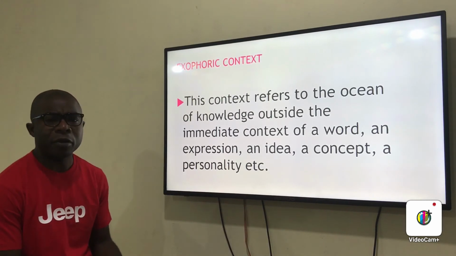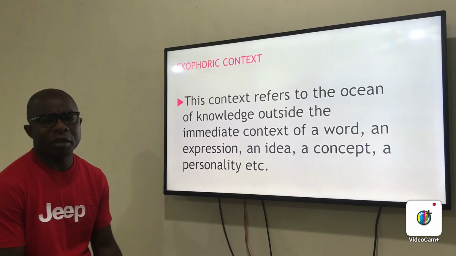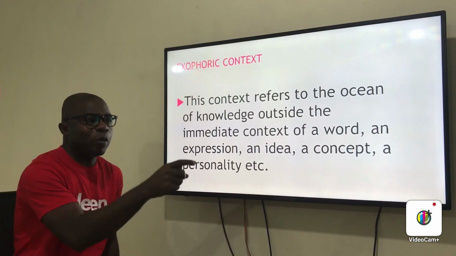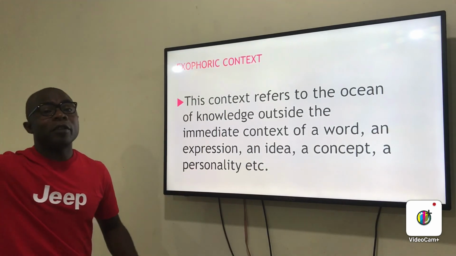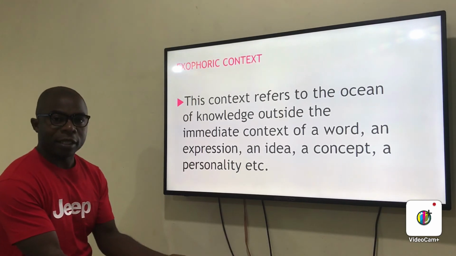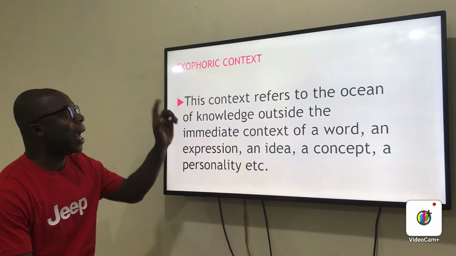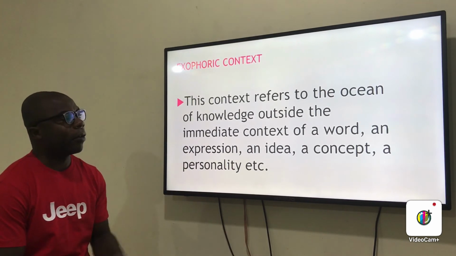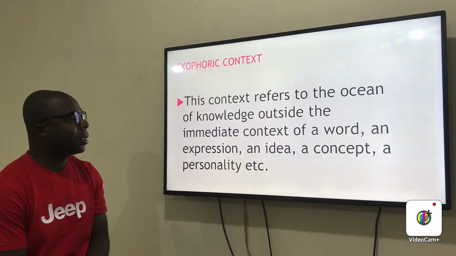So you might have heard somebody say something that is not new to you. What has enabled you to decode and understand that word or expression is previous knowledge, or knowledge outside the immediate context. That knowledge is called exophoric, and it is so vast. That is why I refer to it as the ocean of knowledge.